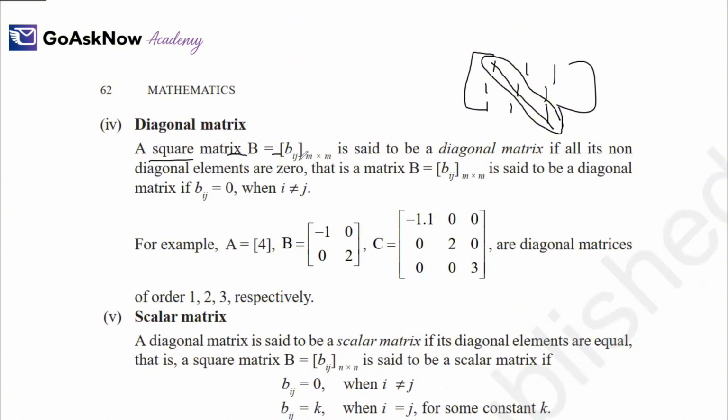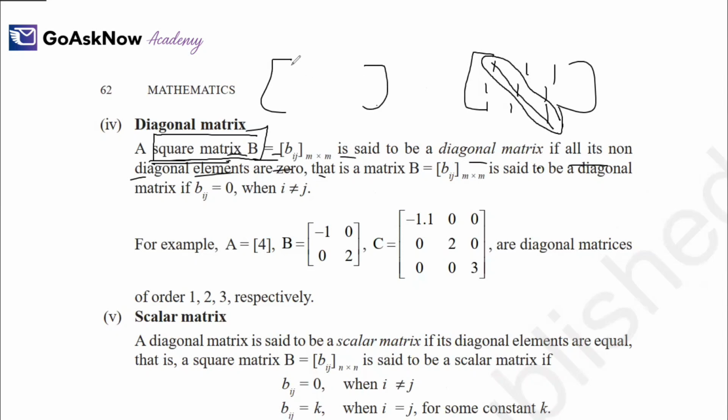A square matrix Bij, m cross m is said to be a diagonal matrix. So this is defined for square matrices only. Remember this thing: a square matrix is said to be a diagonal matrix if all its non-diagonal elements are zero.